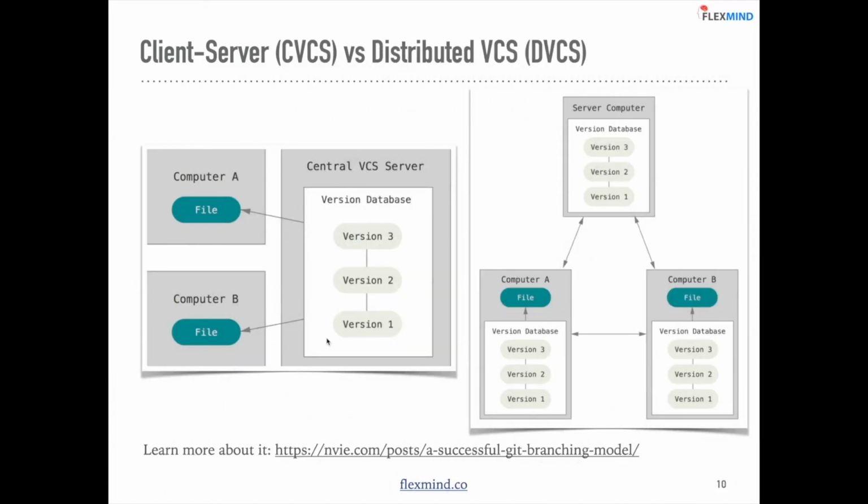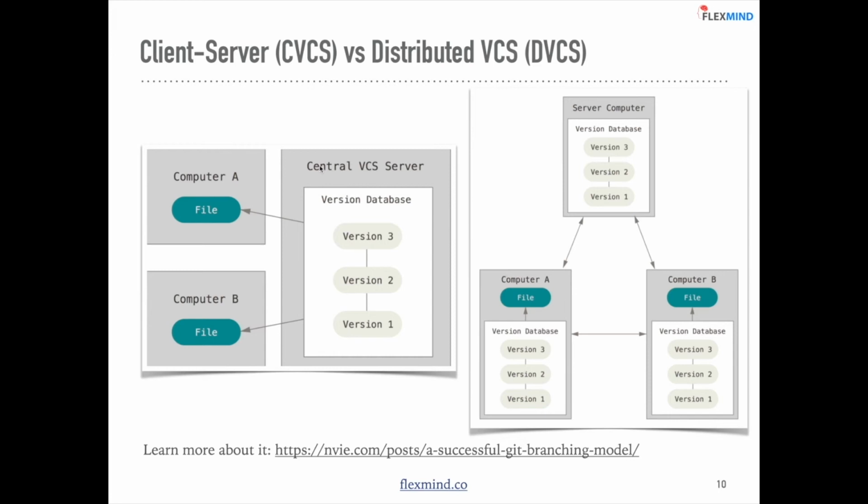Welcome back. Today we will cover the basic difference between client server version control software, which is also known as centralized version control software, versus distributed version control software, which is commonly known as DVCS. In the client server model, developers use a shared single repository, as you can see in this image.